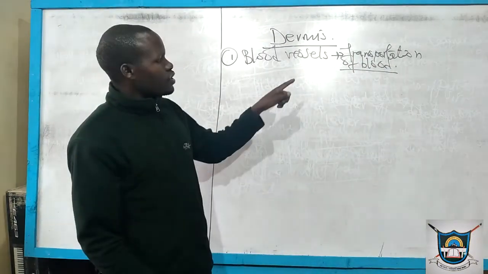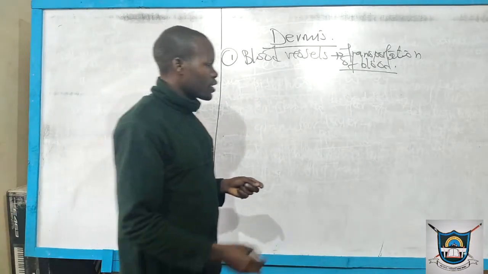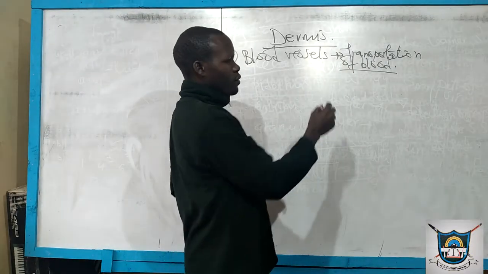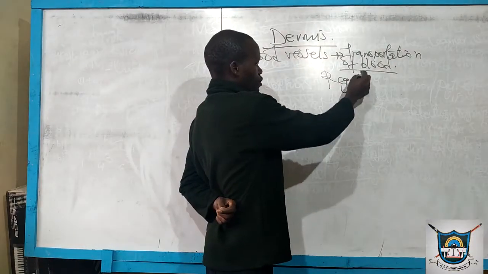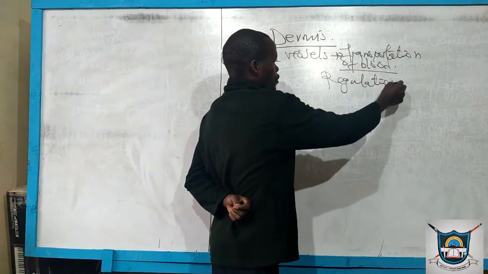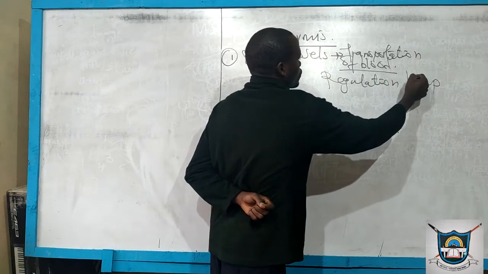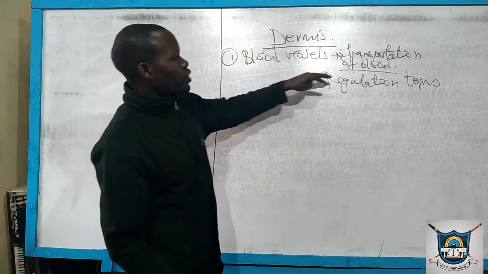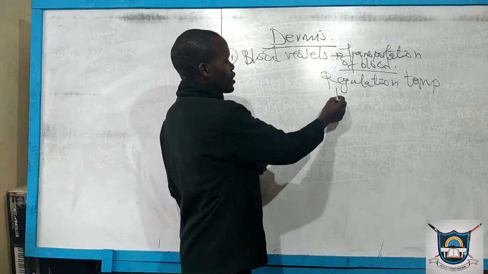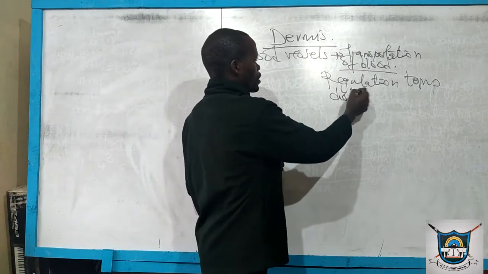It is within this blood which is being transported that such functions within the body arise. For instance, we have the regulation of temperatures. The regulation of temperature occurs through the transportation of the blood because there is the distribution of heat.